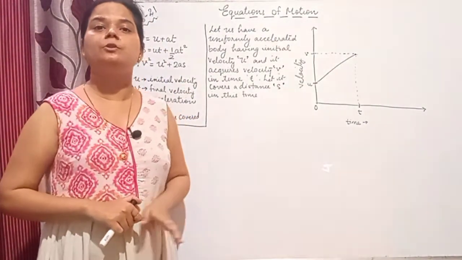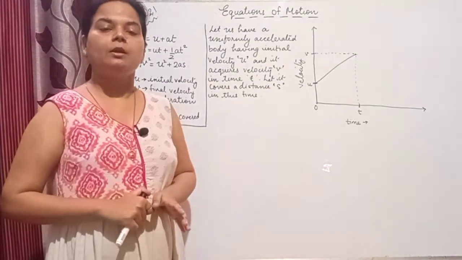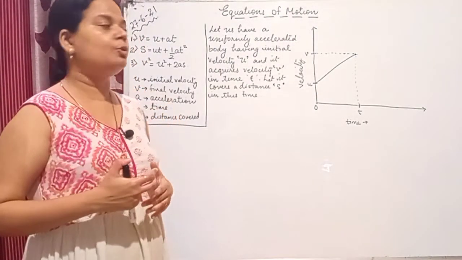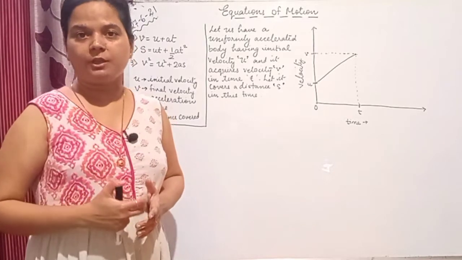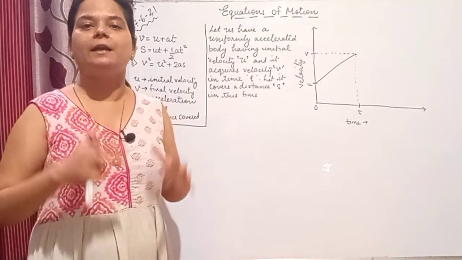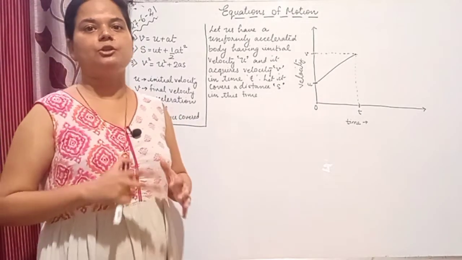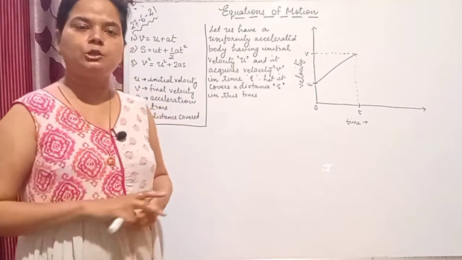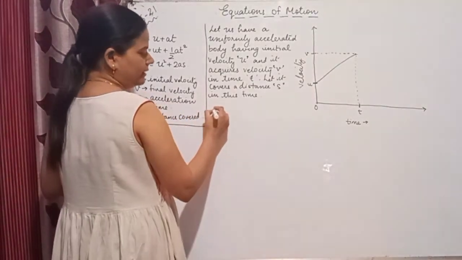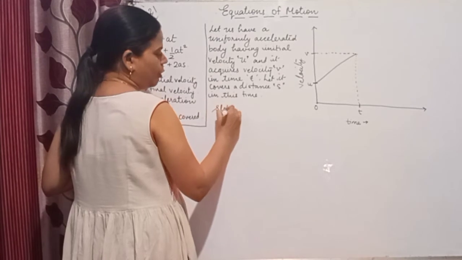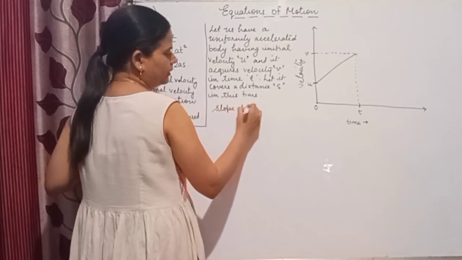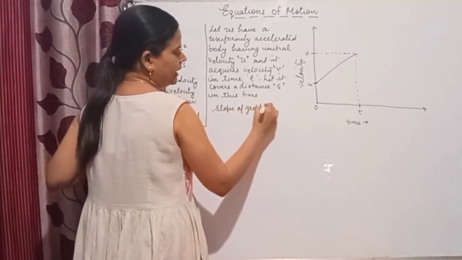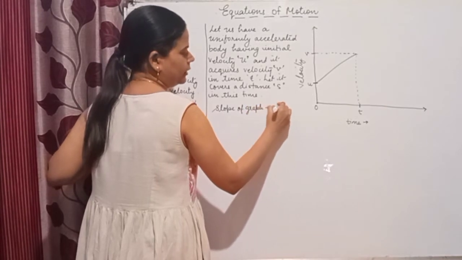we are going to use the concepts that we have already done. We all know that we need to find out the slope of the given graph if we want to find the acceleration. So acceleration is actually represented by slope. So we know that in this graph, slope of graph will be representing the acceleration.